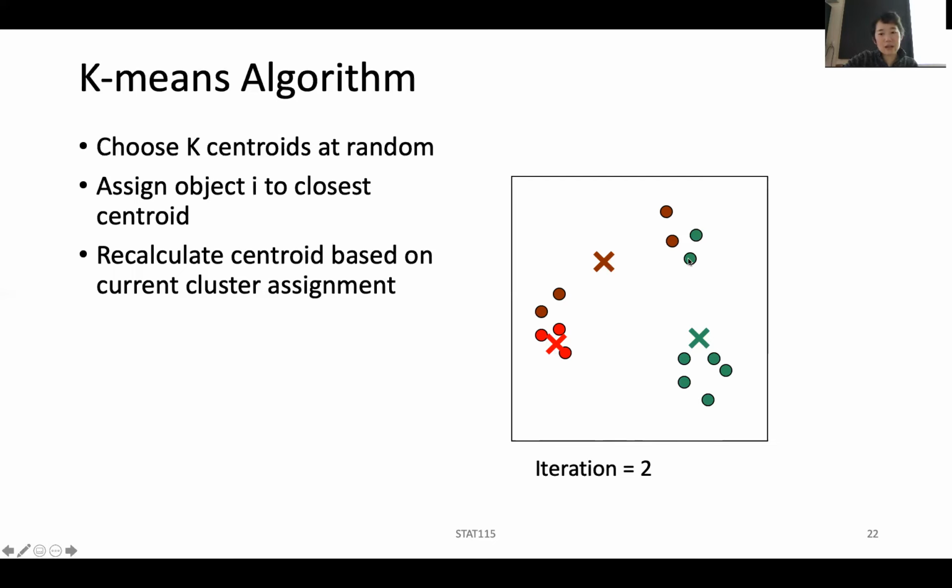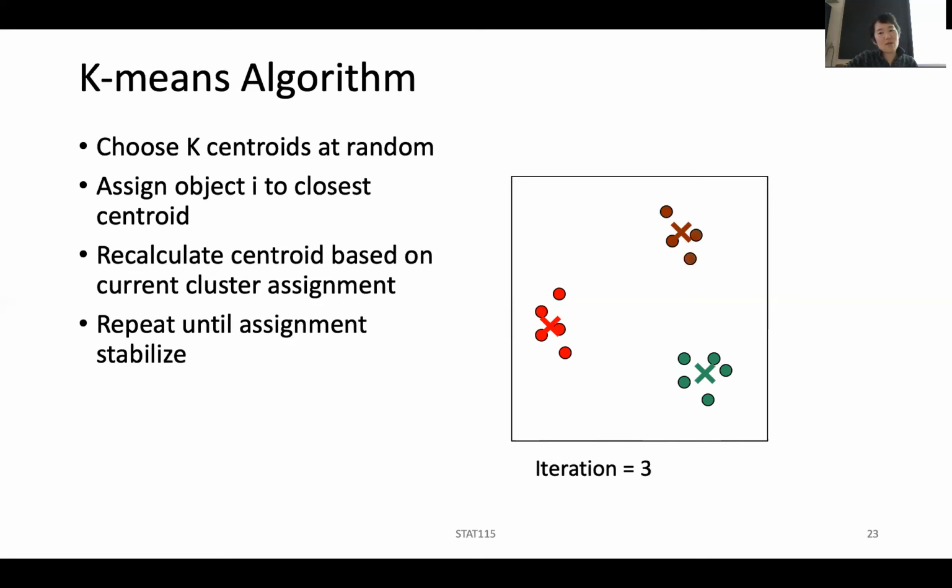And this green sample, initially it belongs to the green, but if you now calculate its distance to this brown center versus the green center, you will believe that it belongs to the brown group. Right? So by the next time you calculate their average, oh, that's pretty good, right? They really go with their group. And it stops when all the groups are assigned, you run it again, they don't change their grouping anymore, then you converge, okay?